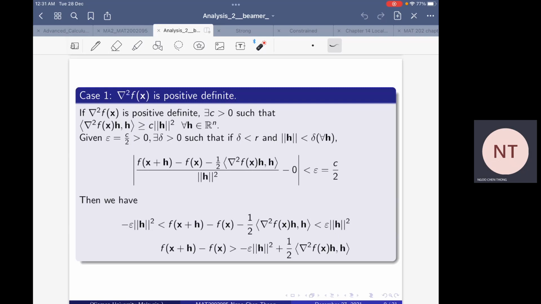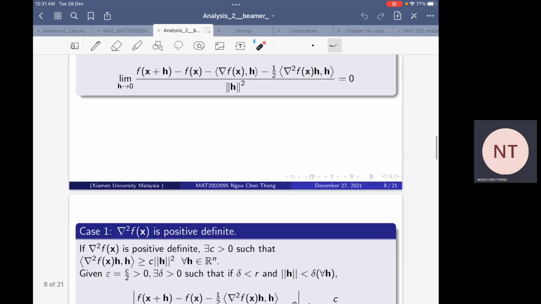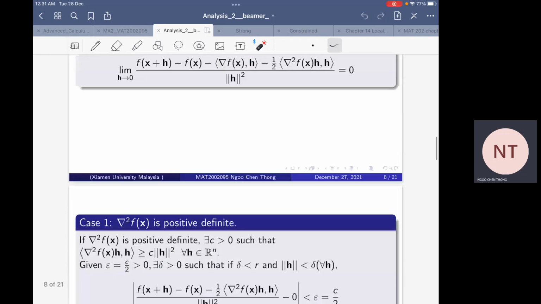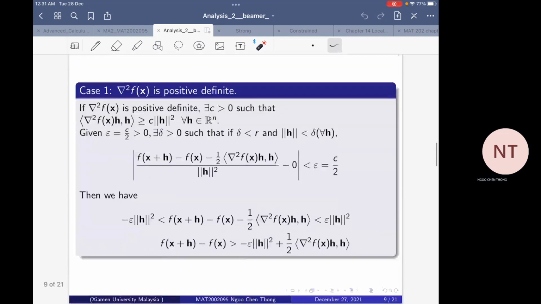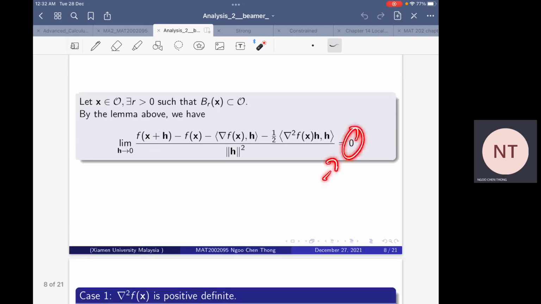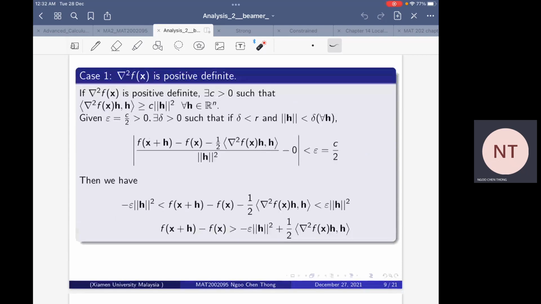Since we have this limit, we can use the epsilon delta definition of the limit. Here we choose epsilon to be C over 2, which is positive. Then we have this absolute value, where the 0 comes from here, is less than epsilon, which is C over 2.